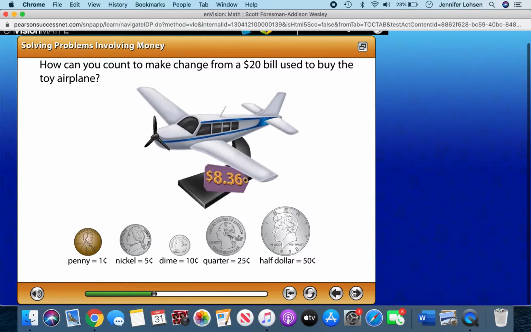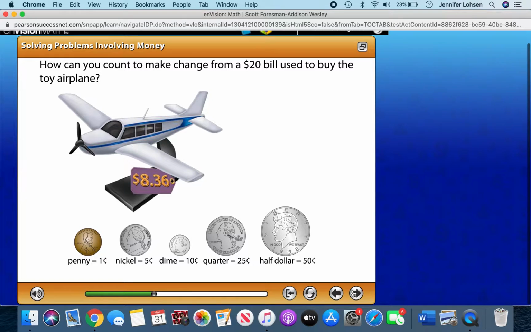How can you count to make change from a $20 bill used to buy the toy airplane? Okay, so y'all know how when you go to the store and you purchase something, you always give either the exact amount of money that your item is, or you give the cashier more money than what your item is worth.